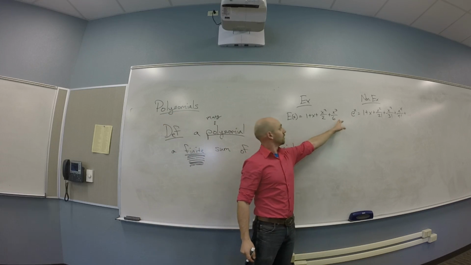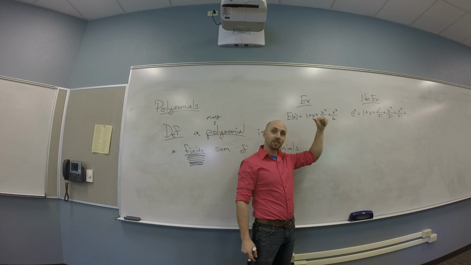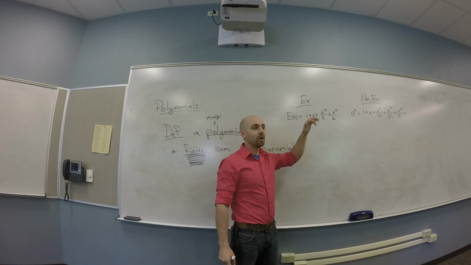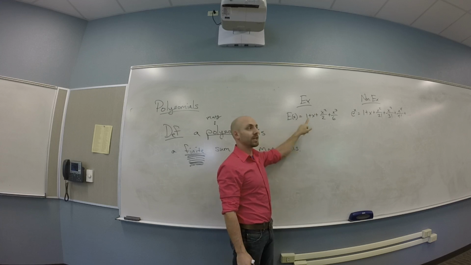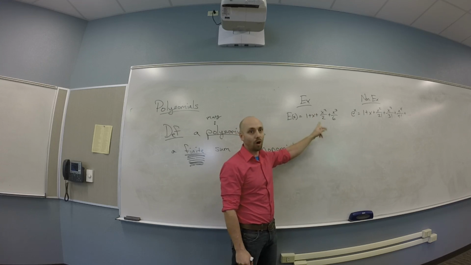So I stopped. Now let me check that this satisfies the definition. To check that this is a polynomial, I need to go through each thing that's being added and ask, is that a monomial?